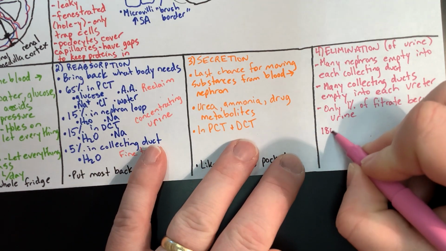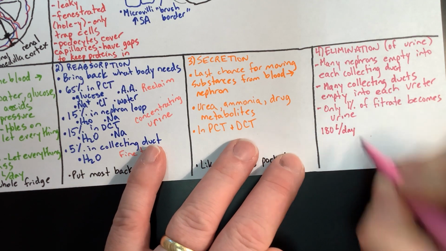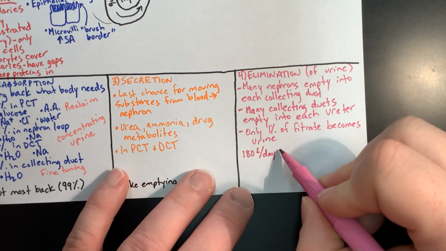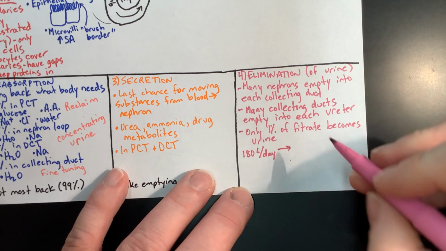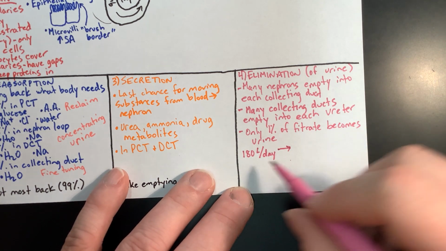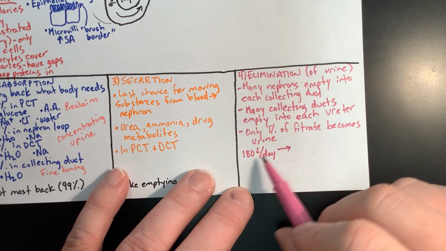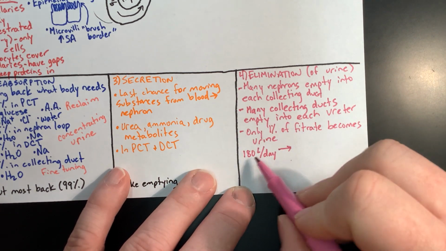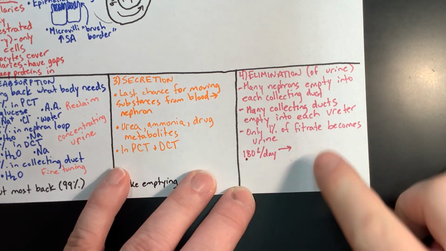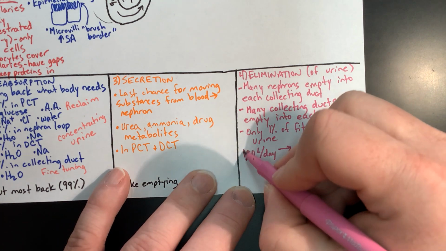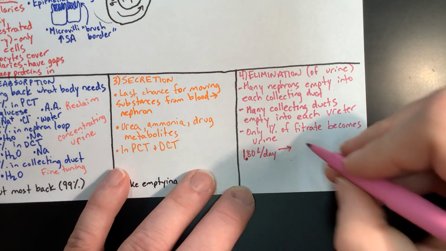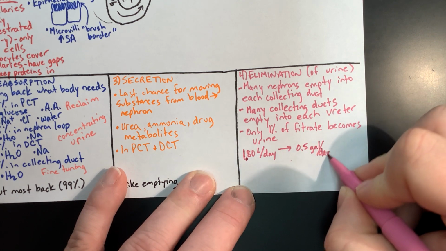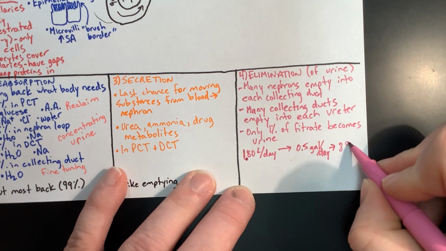And by the time we're at urine, that's about, so what we said, 1%. So 18 liters per day. No, sorry, 1% of that is 1.8 liters per day of urine. 1.8 liters per day. Sorry, I really botched that. So that's about a half of a gallon per day, or about 8 cups per day.